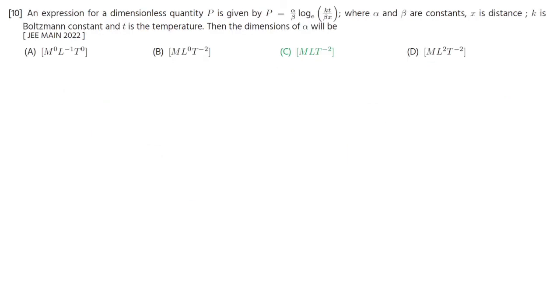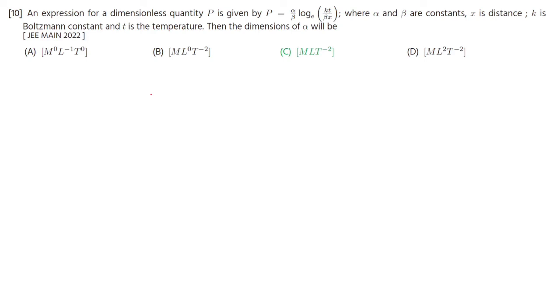Now see the next question. The expression for the dimensionless quantity P is given by alpha by beta is equal to log e of kT by beta x, where alpha and beta are constants, x is the distance, k is Boltzmann's constant and T is the temperature.